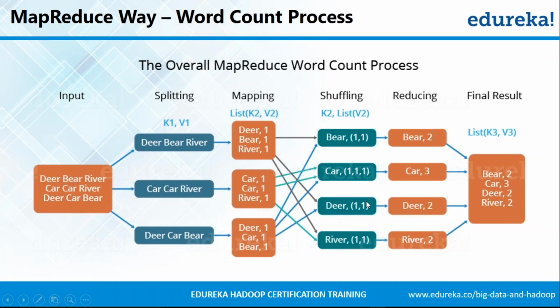The same happened for deer, that is deer 1, 1, and finally for river, that is river 1, 1. In the reducing phase, for every key, the list of values was summed up and the result was bear, 2, car, 3, deer, 2, river, 2. And finally this was the final output on the right, which was sent back to the client. So this was the word count process using MapReduce.